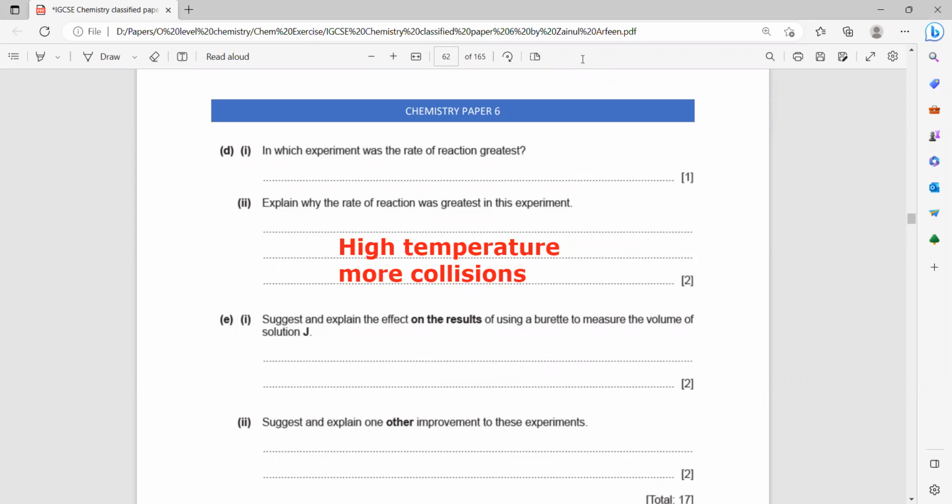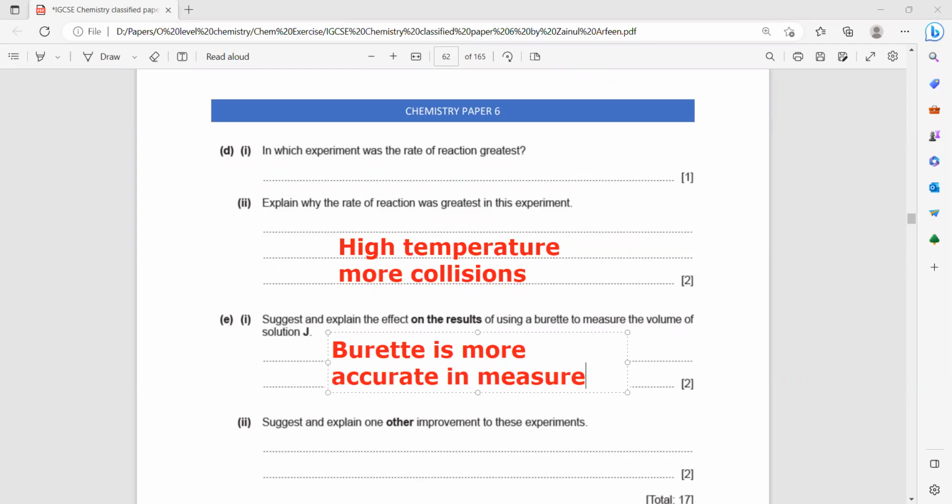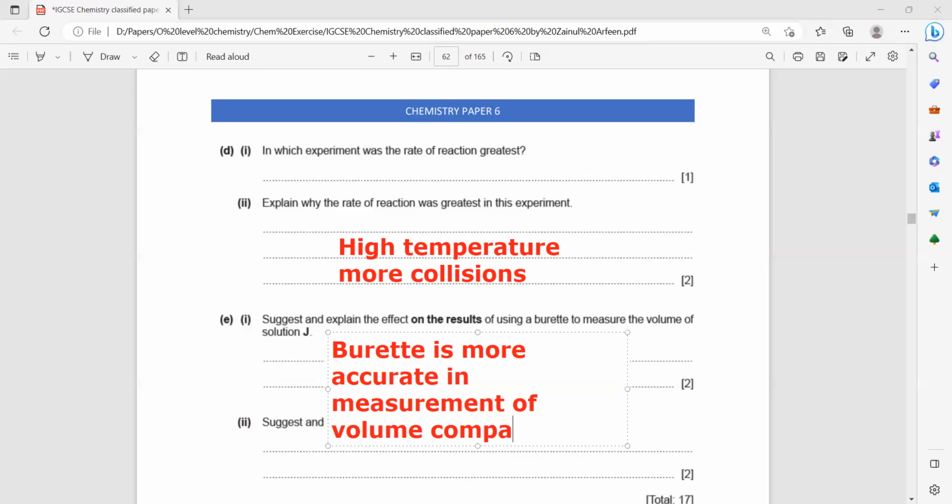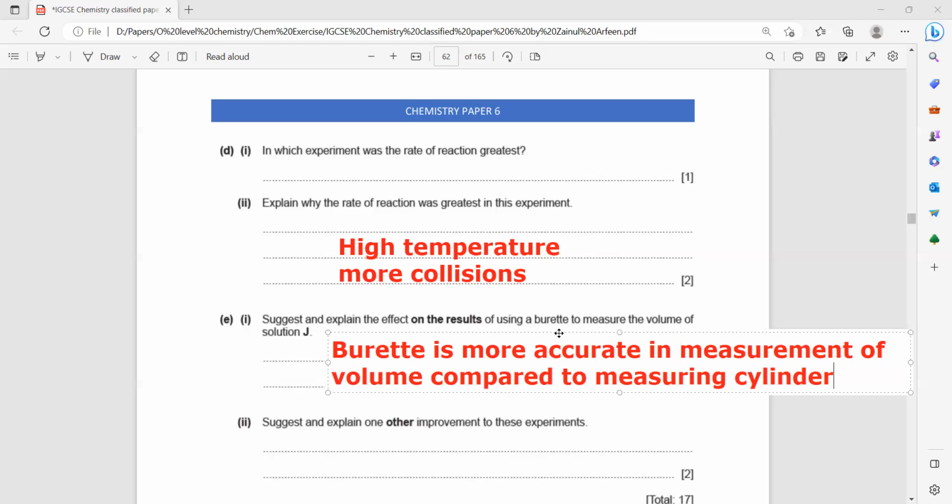The only thing is that the burette is more accurate in measurement of volume compared to a measuring cylinder. So overall, a negligible effect on time will be there.